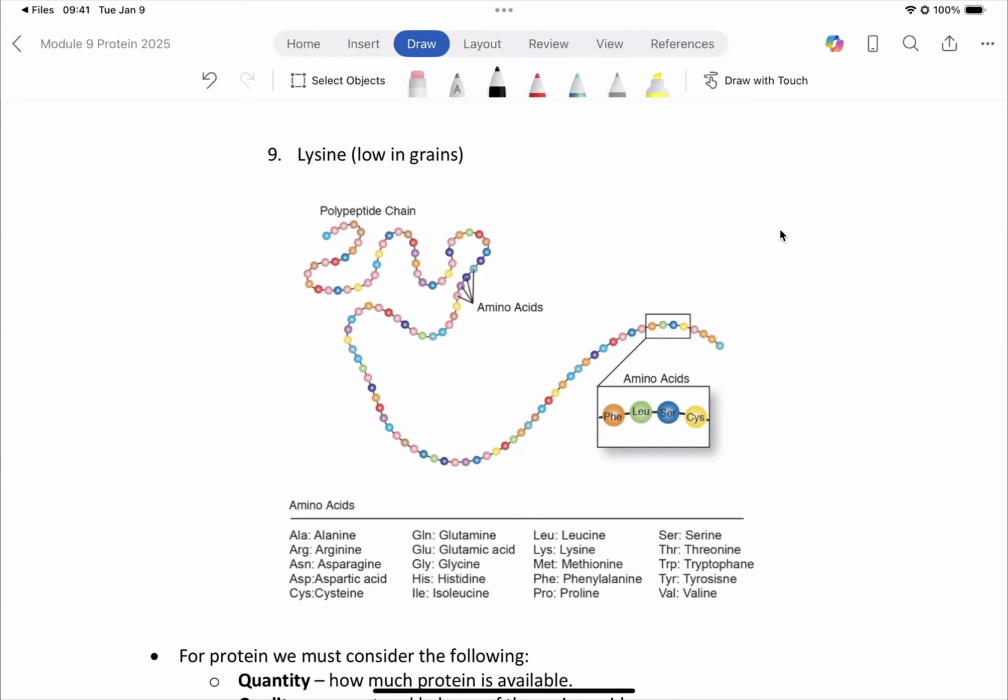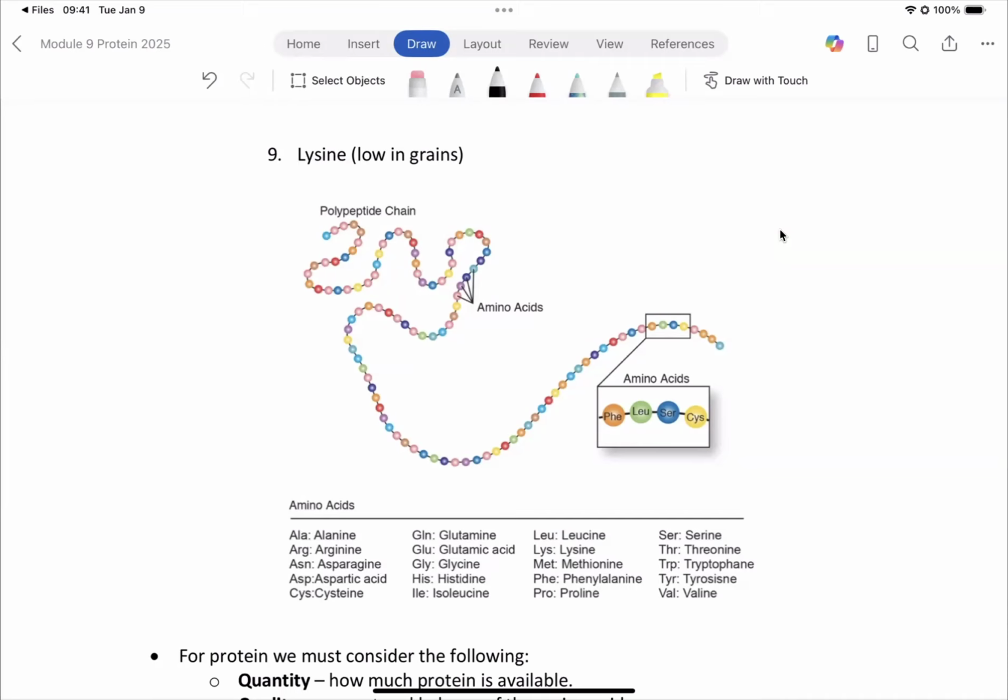Once that order is established, then there's an intertwining of the chains, and we'll talk about this in food science. It's kind of like if you took a string and you went twist, twist, twist, twist, twist, and it folds back up on top of itself, and that's what forms the shape.